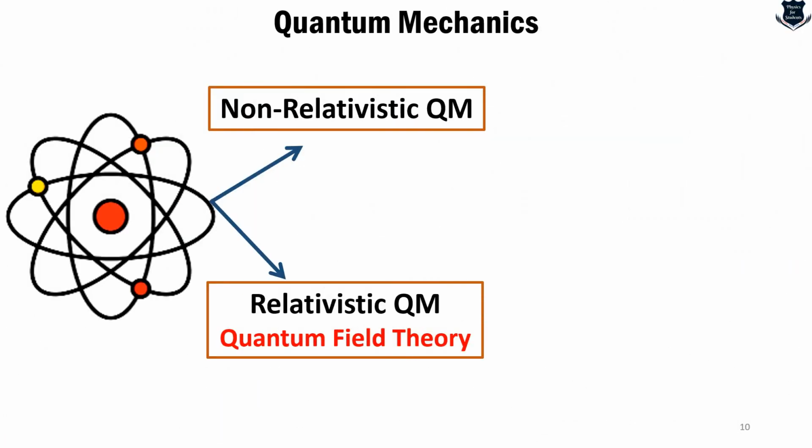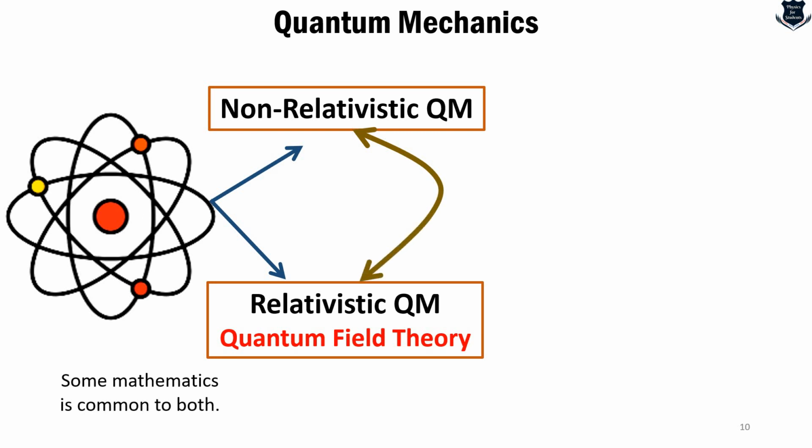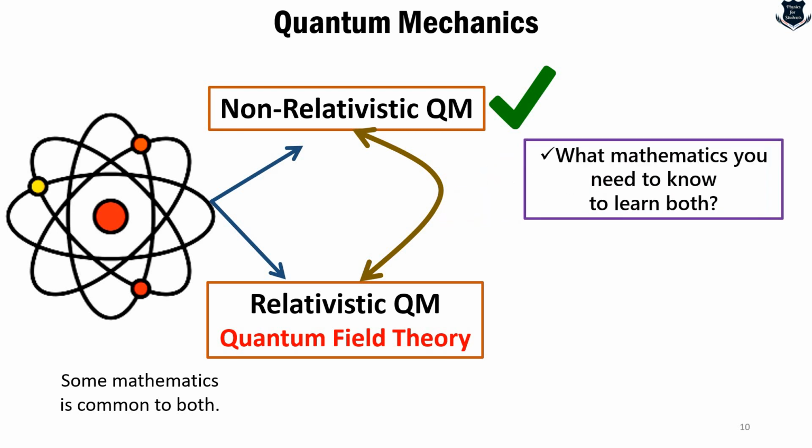So we come back to our point. Now what we can tell is that for non-relativistic and relativistic quantum mechanics, more or less, some of the mathematics is common to both. And most importantly, we are going to start today's learning in the non-relativistic quantum mechanics part, not the relativistic part. So the first thing is: what mathematics do you need to learn so that you can know both?